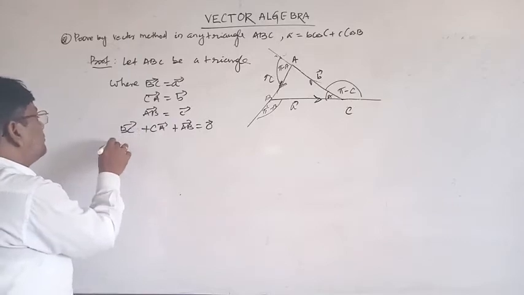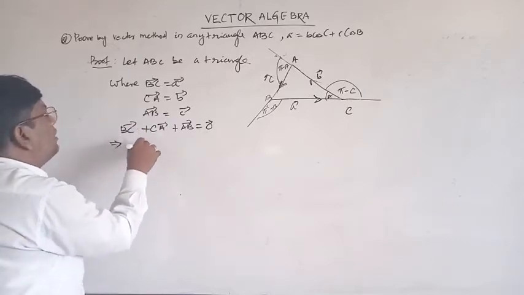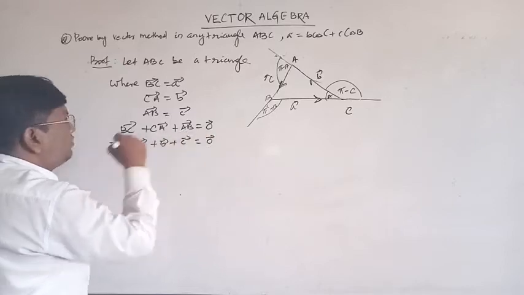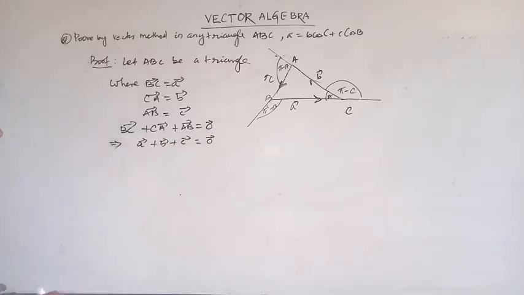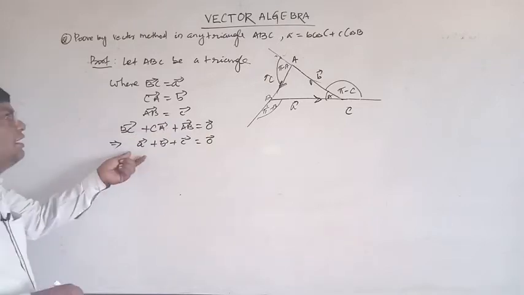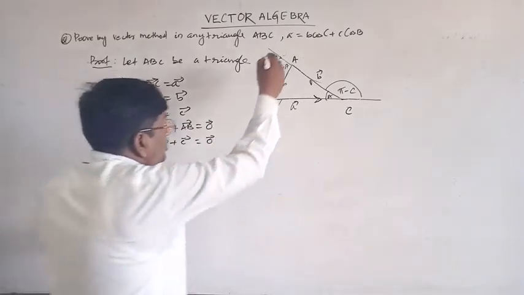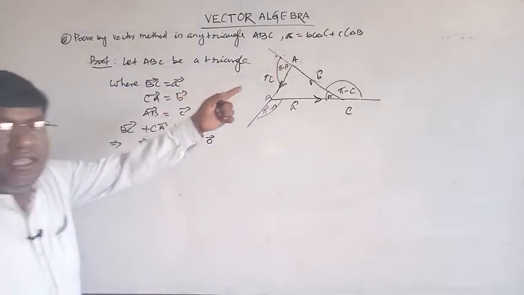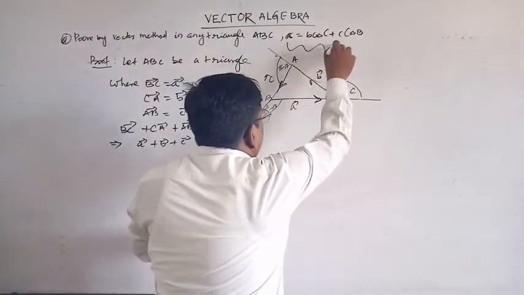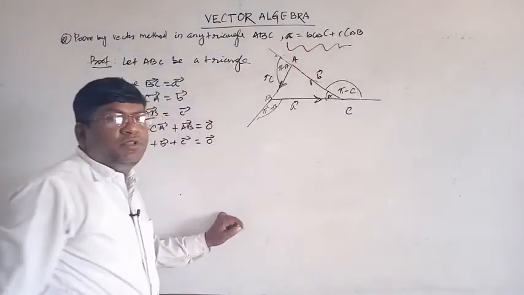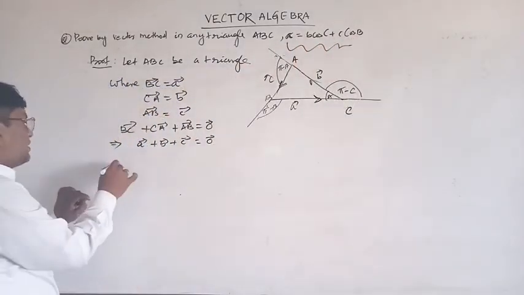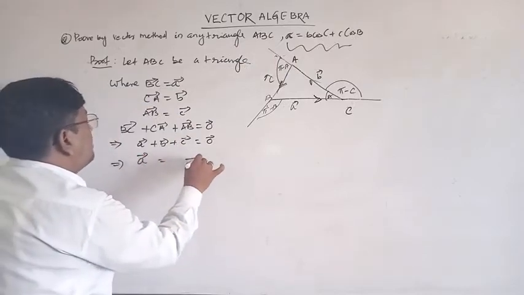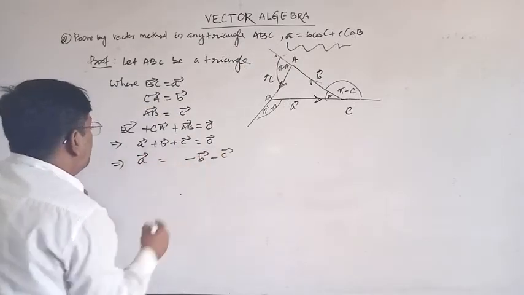So A vector plus B vector plus C vector is equal to 0 vector. Now we have to find the projection formula, that is a equals b cos C plus c cos B. Our aim is to prove this. So keep A on the left side and other terms on the right side: A equals minus B minus C.